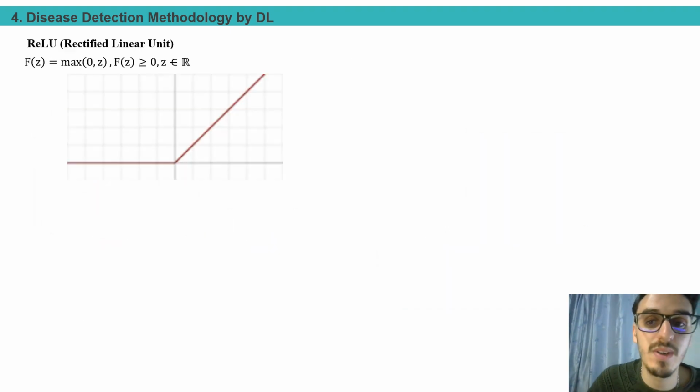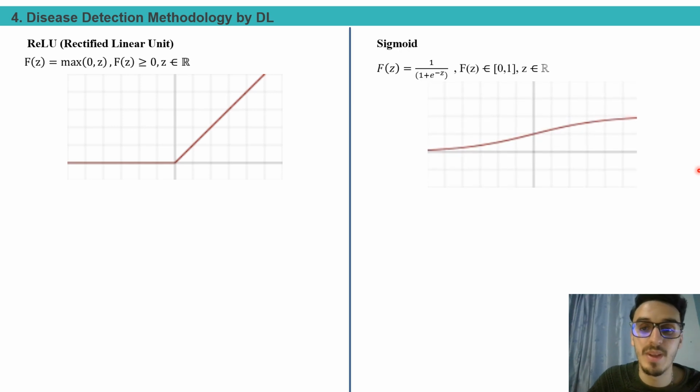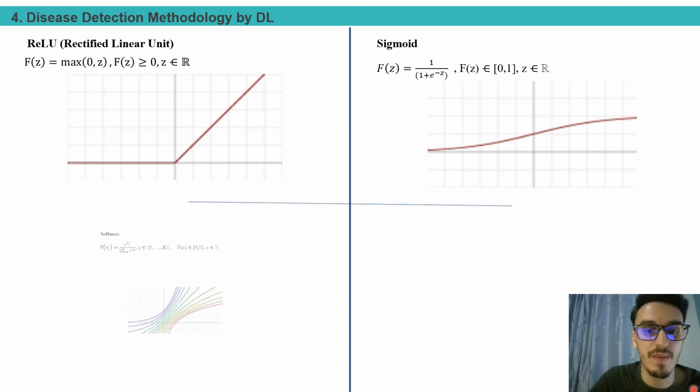We have the rectified linear unit. This activation function introduces nonlinearity to the model, helping it learn complex patterns. The sigmoid function is often used for binary classification, as it outputs values between 0 and 1, which can be interpreted as probabilities. We have the softmax.